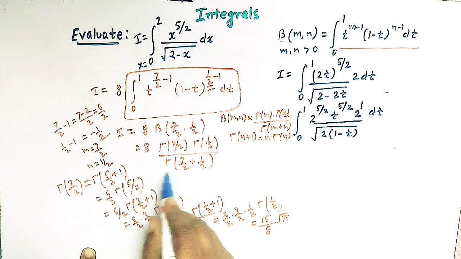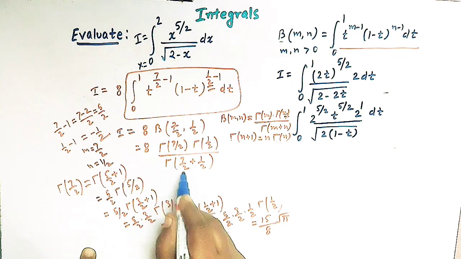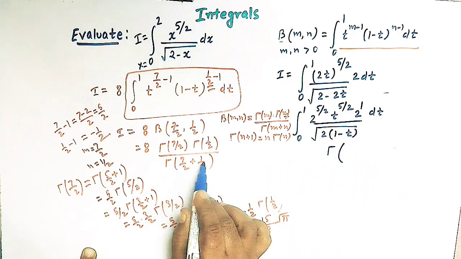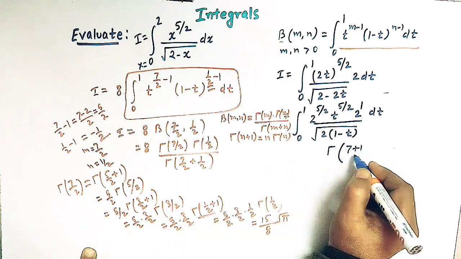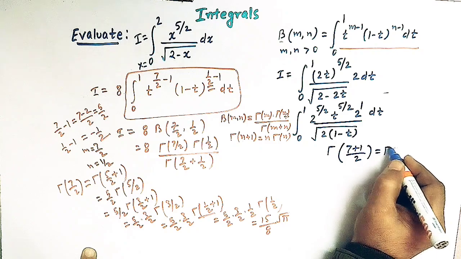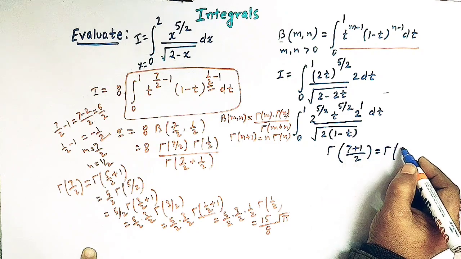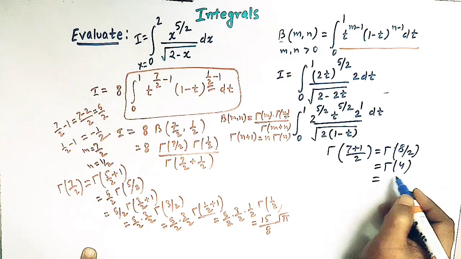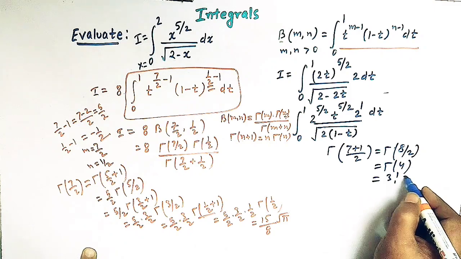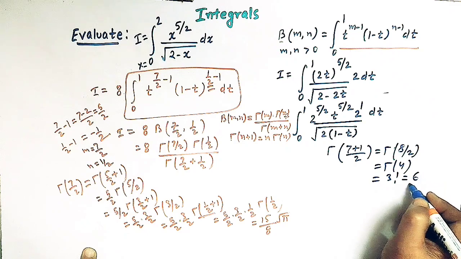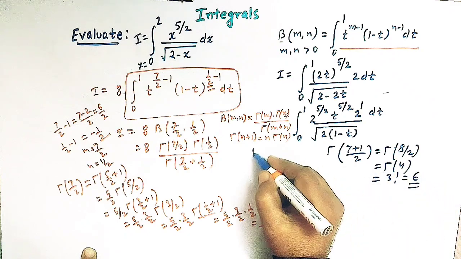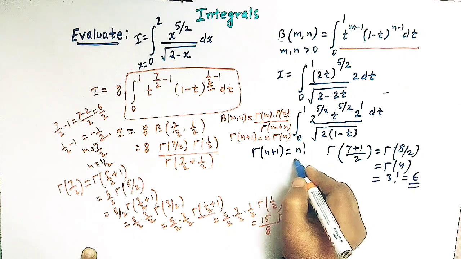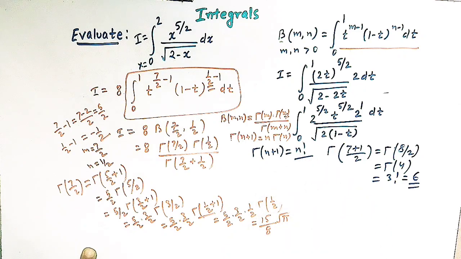So now in the denominator we have gamma 7 over 2 plus half. So we have 7 over 2 plus half is 7 plus 1 over 2, that is gamma 7 plus 1 is 8, 8 over 2, that is gamma 4, and gamma 4 is equal to 3 factorial, that is equal to 6, right? Because we know that gamma n plus 1 is equal to n factorial, where n is some positive integer.